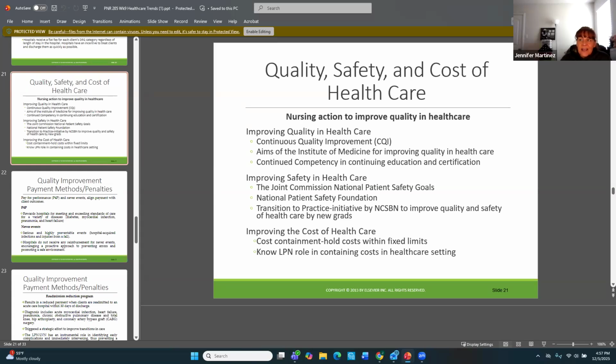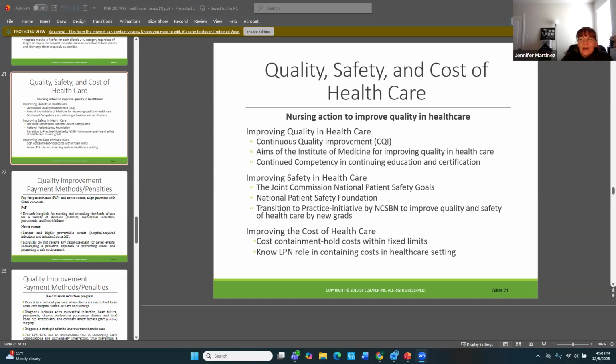But the US has the highest healthcare spending of all industrialized countries. But we also have lower life expectancy and higher infant and maternal mortality than a lot of our other industrialized countries in the world. So it's kind of interesting, right? So we have the Institute of Medicine.